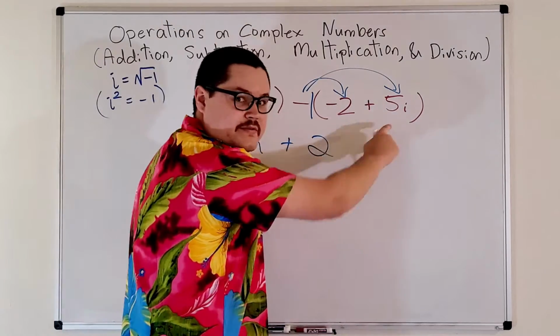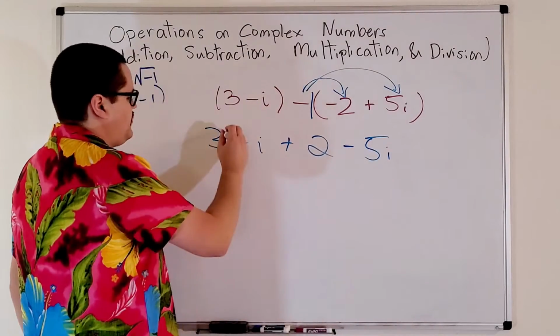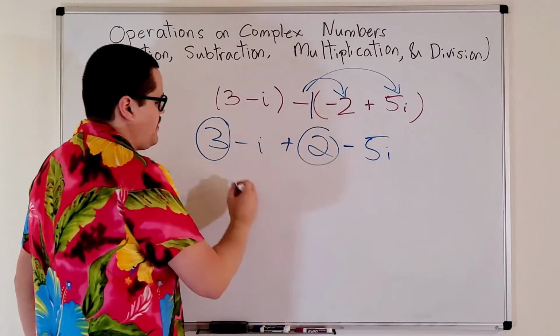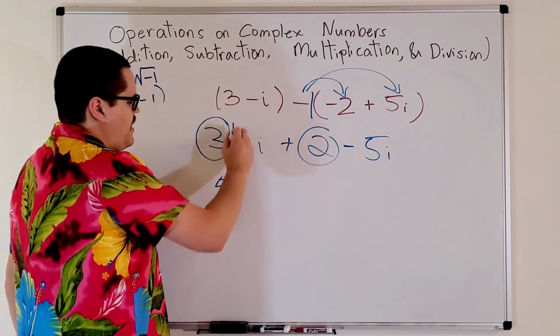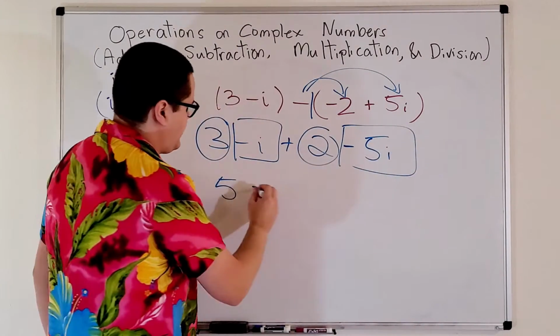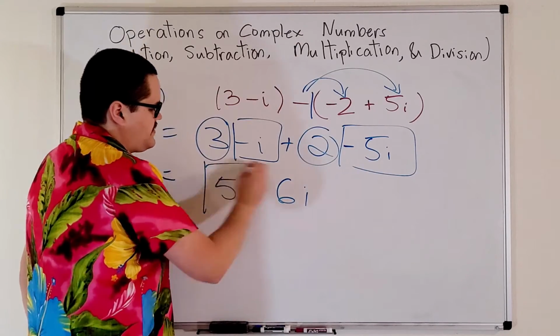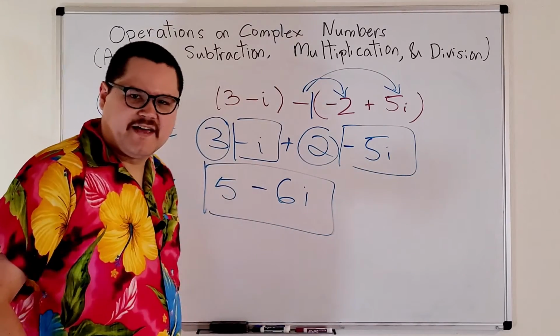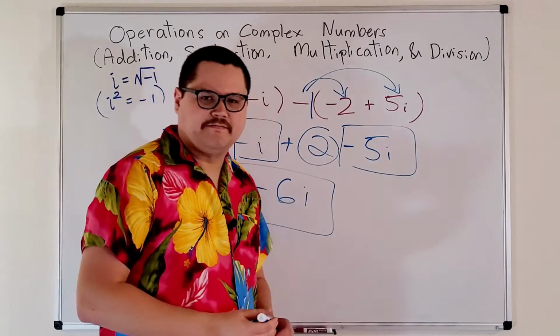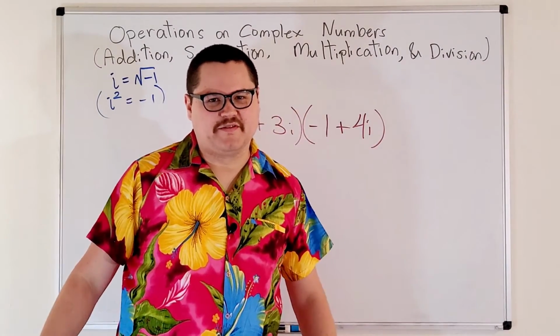Negative times positive 5i is negative 5i. So like terms 3 and 2, that makes 5. And negative i minus 5i is negative 6i. So our final answer here is positive 5 minus 6i. Easy peasy. Okay, what about multiplication of complex numbers?